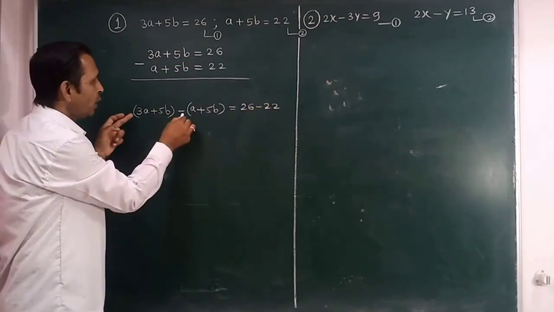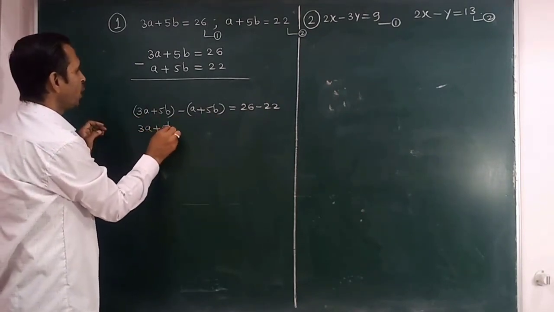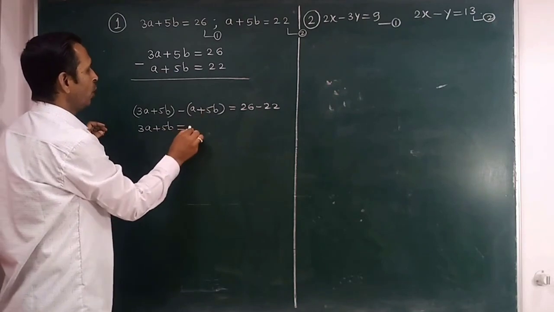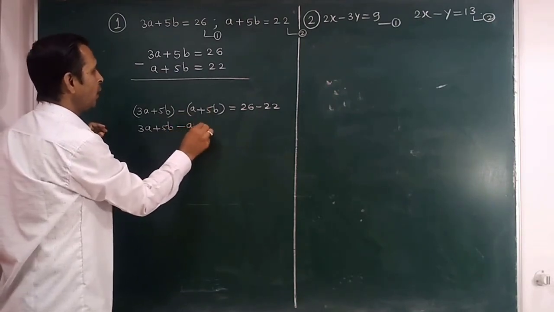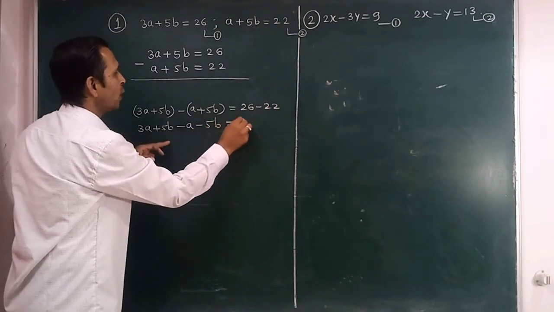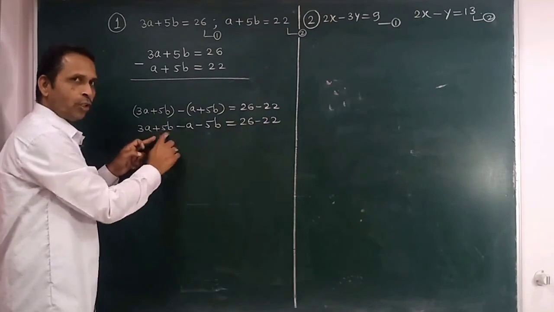Now when we open this bracket, then we will get 3a + 5b - a - 5b = 26 - 22. This is the horizontal method.